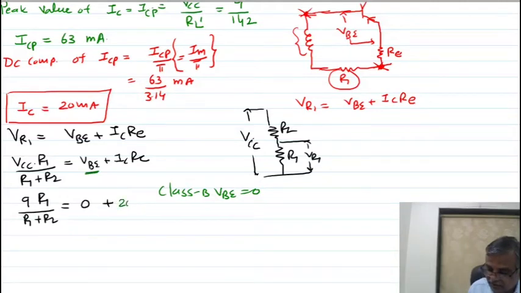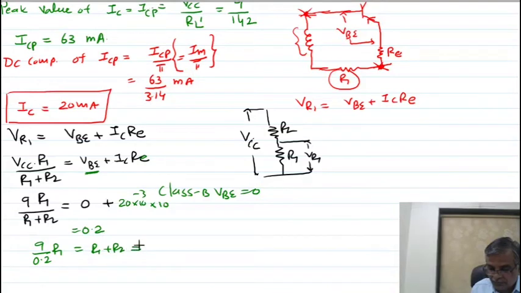IC I have taken 20 milliampere. I have not taken it, it is calculated. RE is 10 ohm. This value is how much? 10 ohm, so you will get 0.2. So 9 upon 0.2 R1 is equal to R1 plus R2. From this you can calculate R2 is equal to 44 R1.